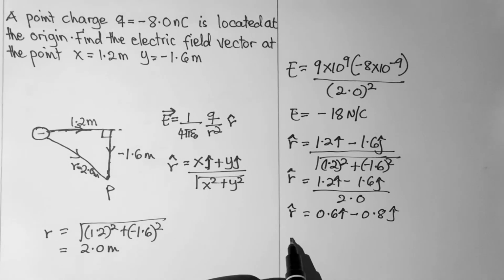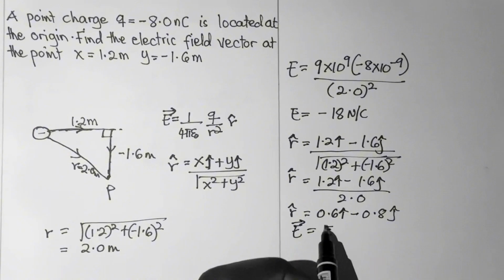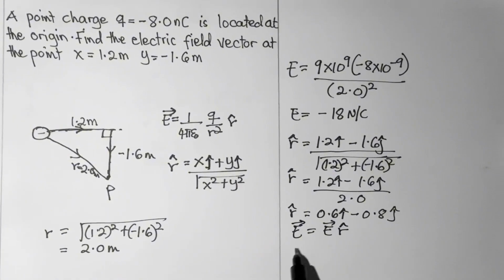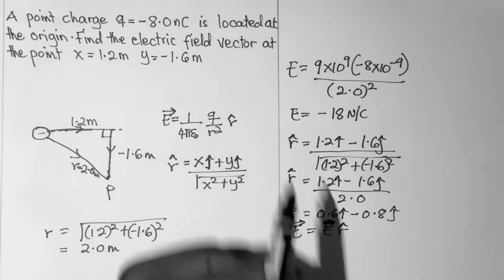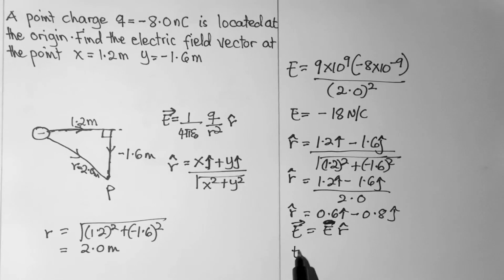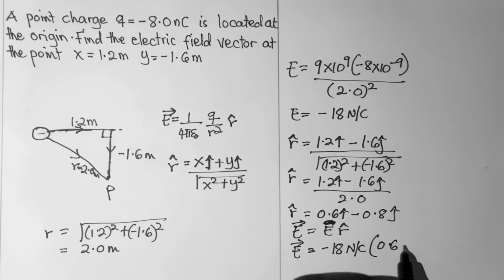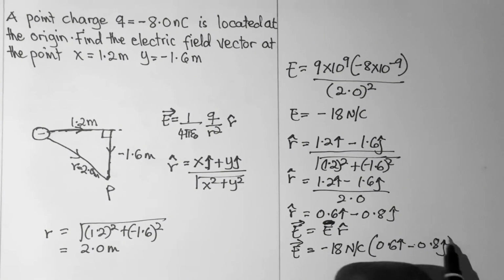So what it means is that the electric field vector is equal to the magnitude of the electric field times the unit vector. The magnitude of the electric field, which is what we calculated here, times the unit vector. So the electric field is equal to minus 18 newtons per coulomb, times 0.6 i minus 0.8 j.